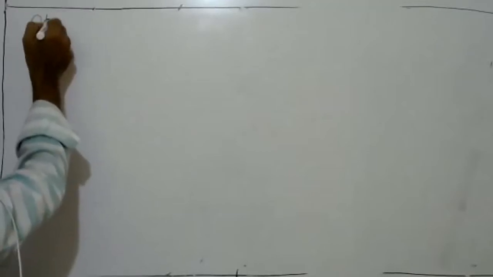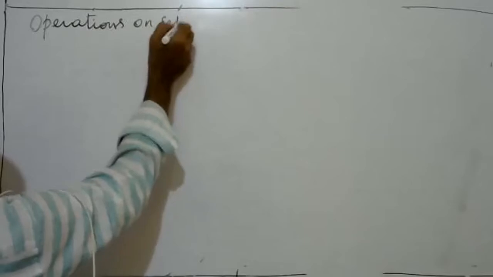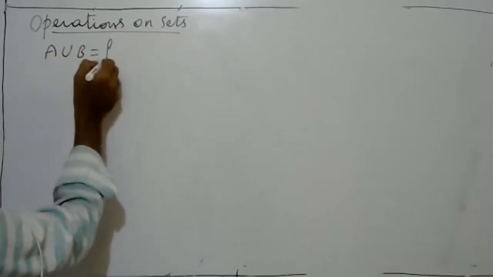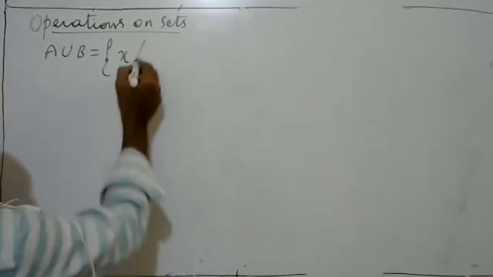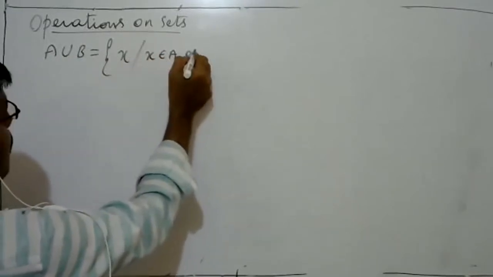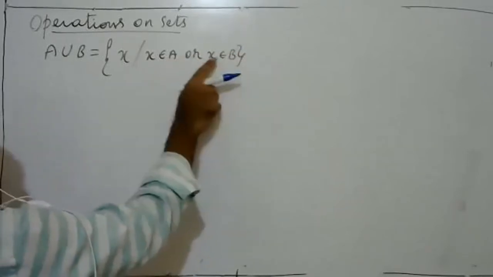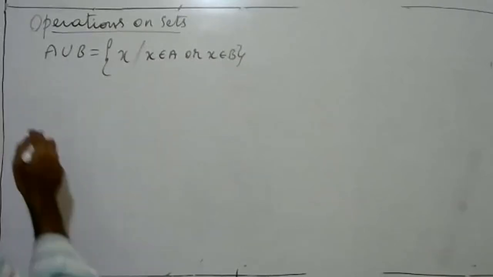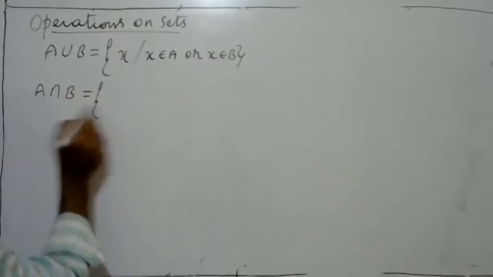So this is operation on sets. What is A union B? Union of two sets is the set of all x where x belongs to A or x belongs to B. What is the intersection of two sets?